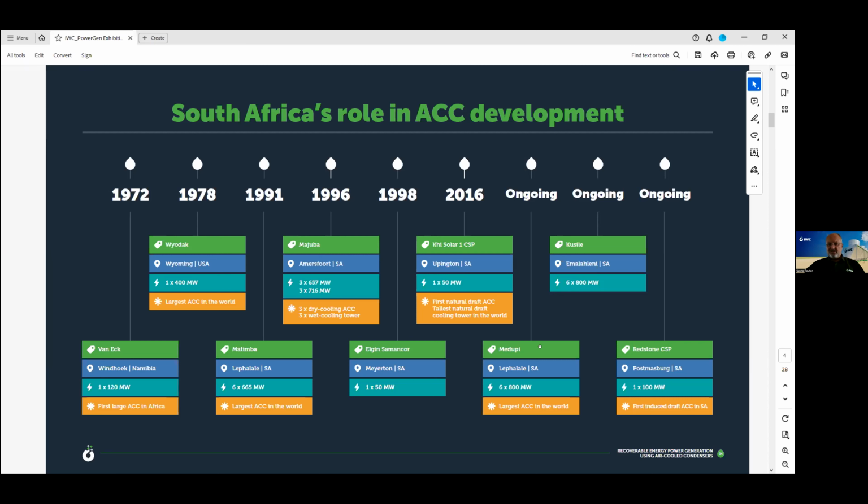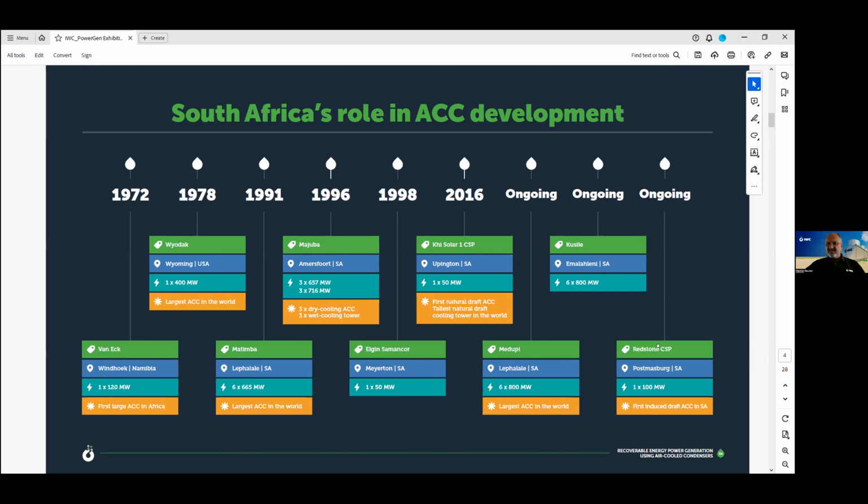Then Medupi, which everyone knows, is 6 times 800 megawatt. There are very different classifications of what is the largest, but it's definitely one of the largest in the world, just due to the fact that it's 6 times 800 megawatt units altogether in one. Kusile is very much the same. These are both still under construction in a way. Many of the units are operational, but it's ongoing.